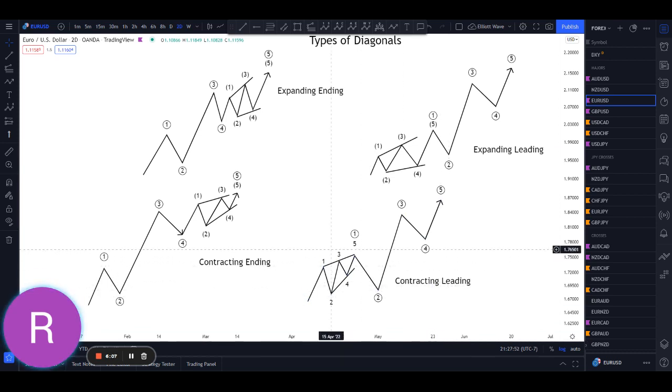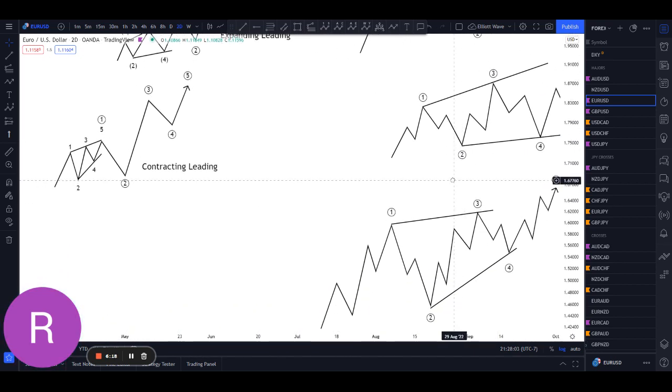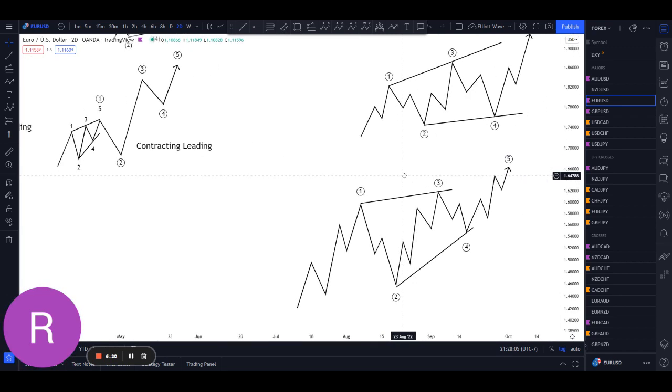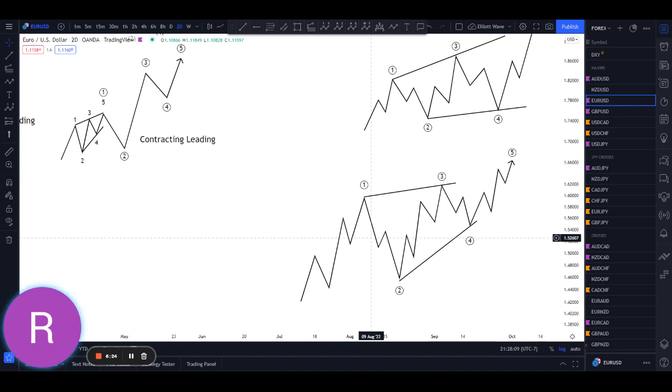Now, toward the top, we mentioned there was one exception to the rule, one guideline to take note of. For leading diagonals, not every subwave needs to be a 3-wave move. There is a rare variation of this pattern that involves waves 1, 3, and 5 being a 5-wave move, not 3.